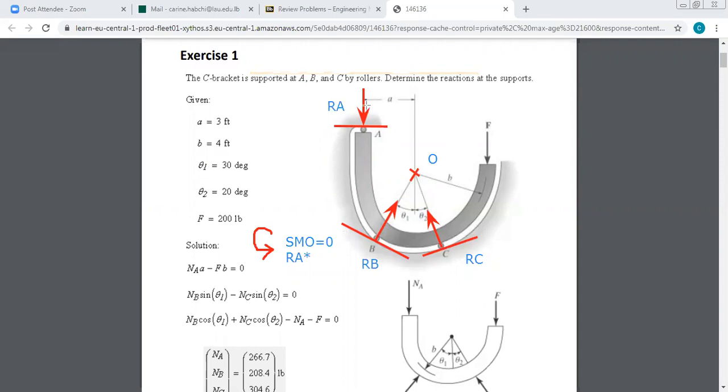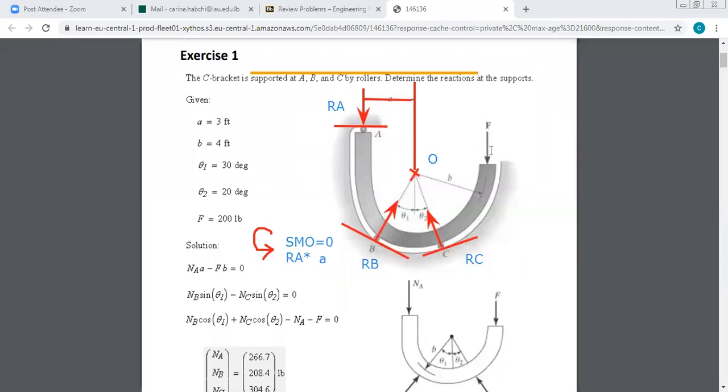This is the line of action of the force. I can take a parallel from O. The distance between the two is A, so I should multiply by A. And it's positive because it's doing a moment in the counterclockwise direction.